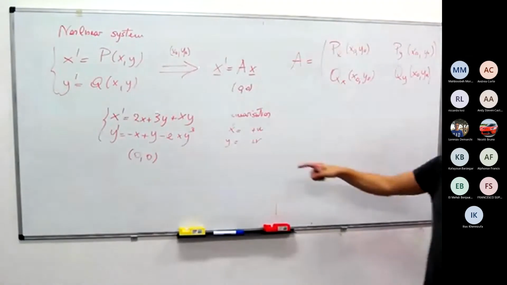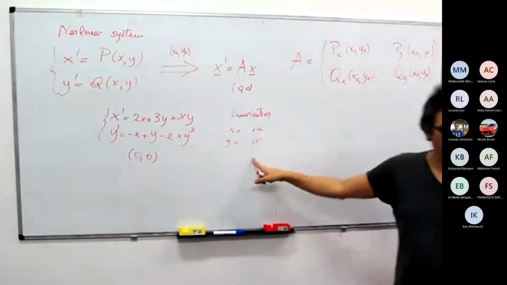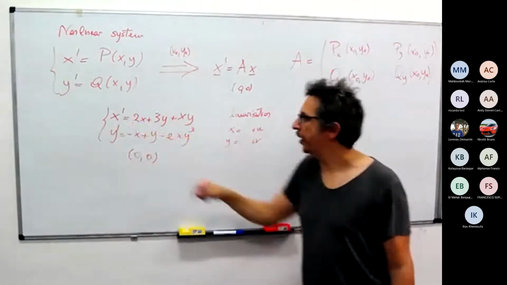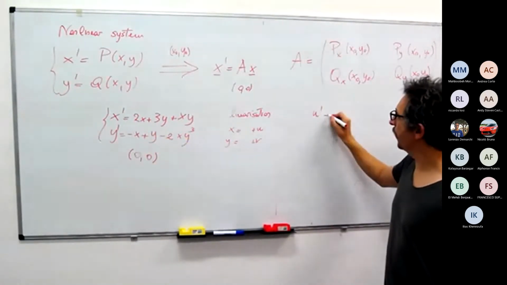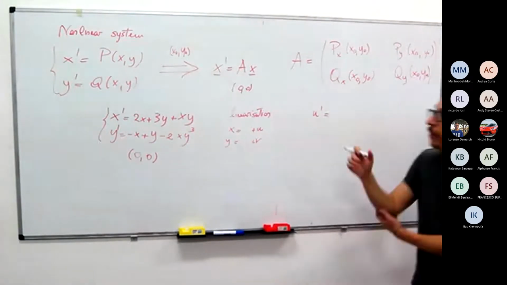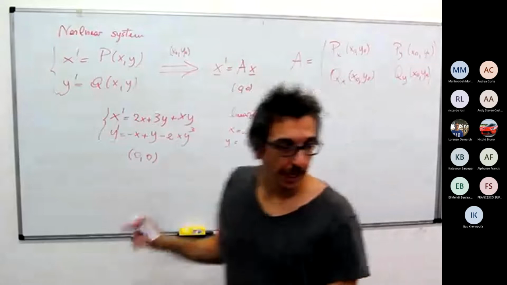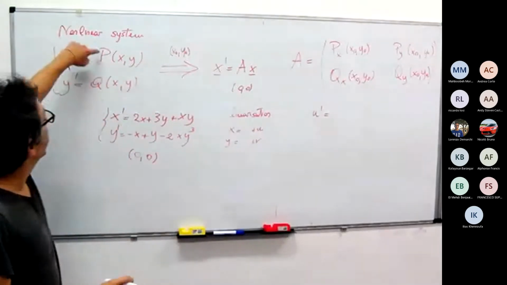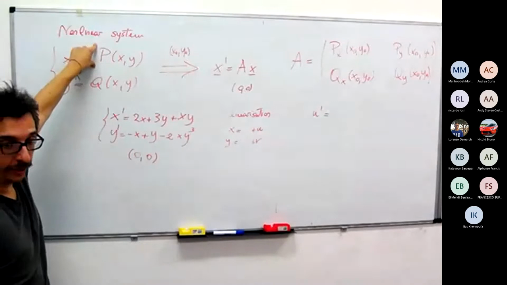So I'm taking x equal to u and y equal to v. So what happens here? x prime is going to be u prime equal. Do you remember what happened here on the right hand side? What I have to do is to Taylor expand p in x naught y naught.